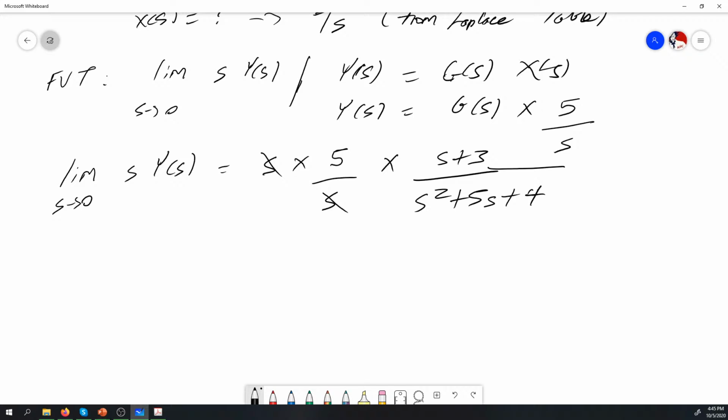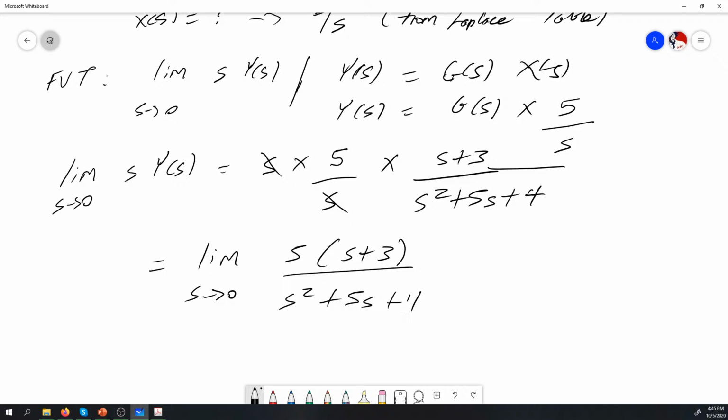So this now becomes equivalent to the limit as s tends towards 0 of 5 times (s plus 3) over (s squared plus 5s plus 4). The numerator here, if we say s tends towards 0, is going to be 5 times 3.